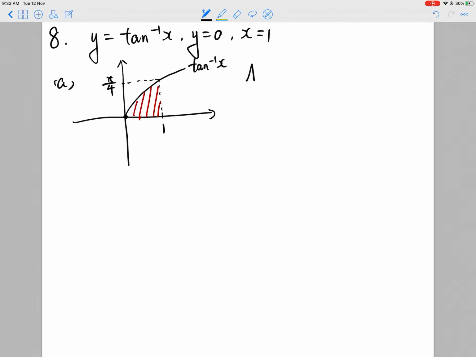So the area of the region, okay, the area of the region is the integration of the higher curve minus the lower curve. Alright, it's integration for x from 0 to 1. So here you can use integration by parts.